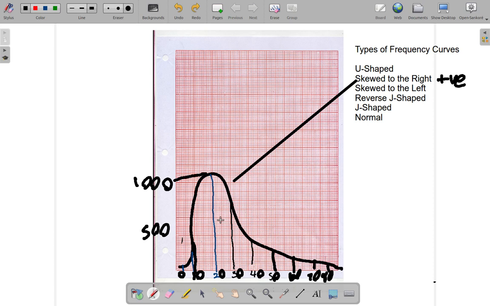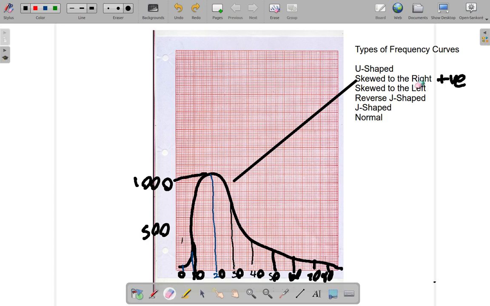Because of how hard the test was, the bulk of persons got less than 30%. So it's skewed to the right. Alright? Those who got the marks to the right were the persons the test designer was considering, and say only those that they want to pass. They don't want a lot of persons to pass. Alright, so this is a skew to the right. The tail goes to the right.